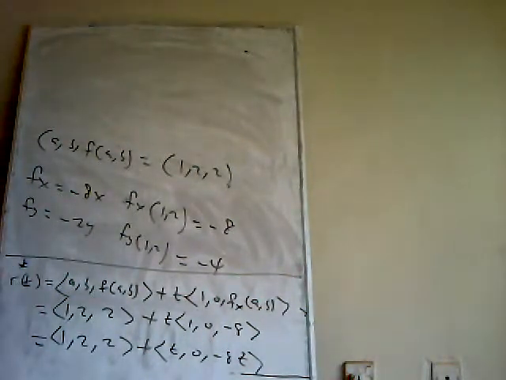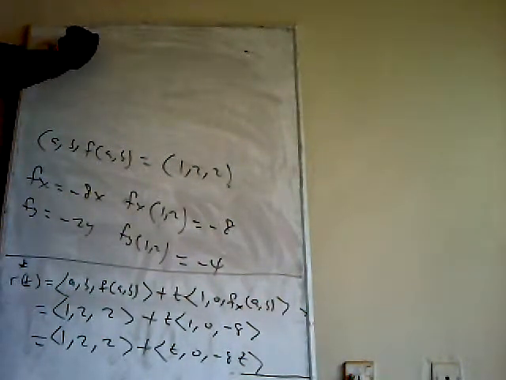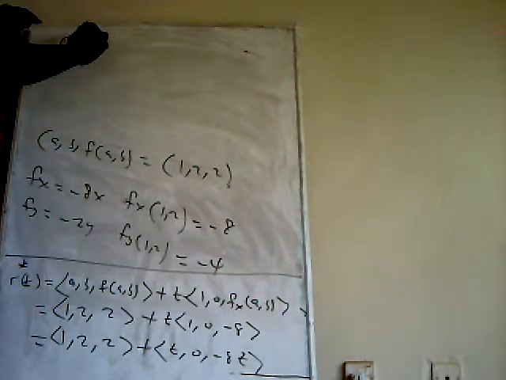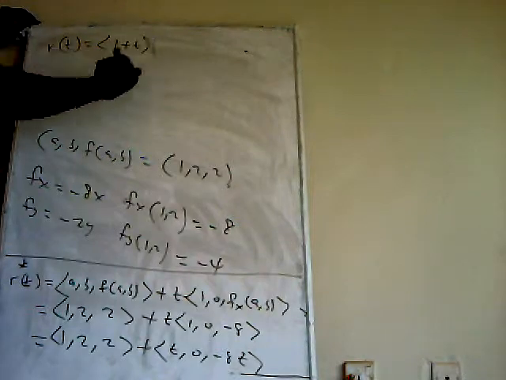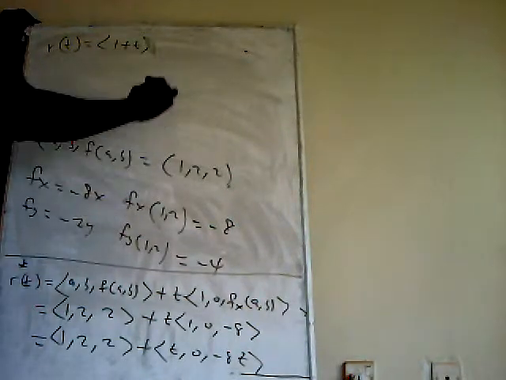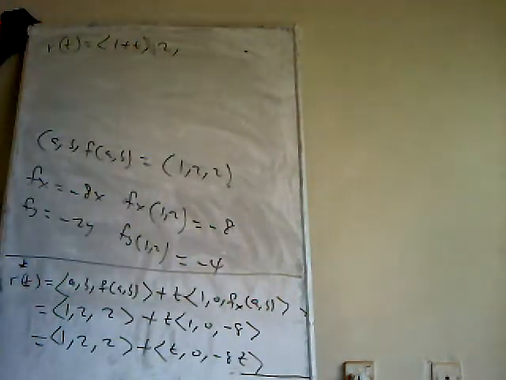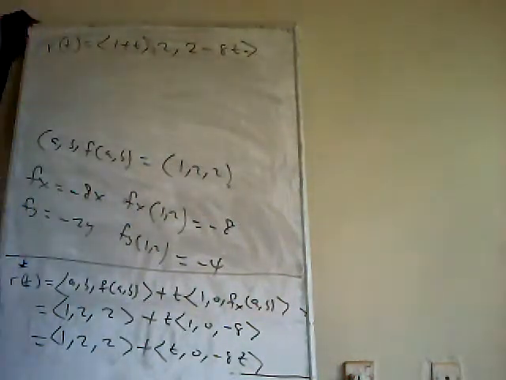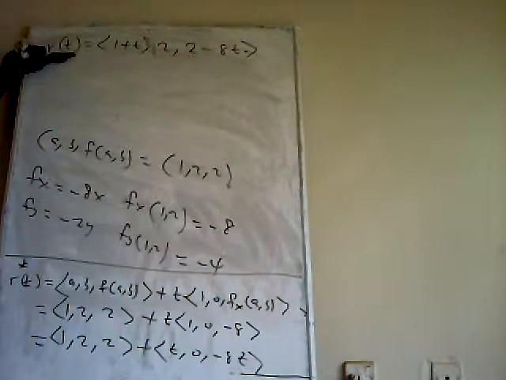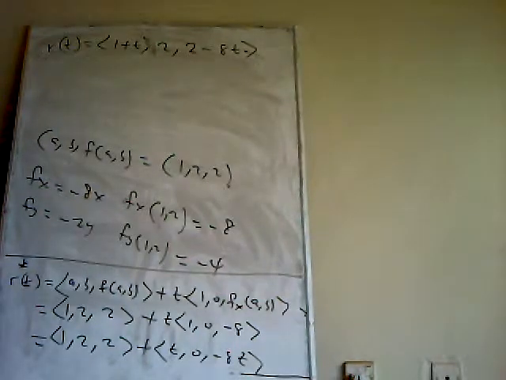Coming up here, I have r of t is equal to 1 plus t, 2 and 2 minus 8t. Now this is the vector equation of the tangent line to the trace caused by fixed y.